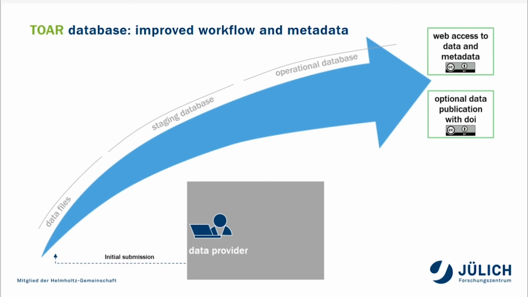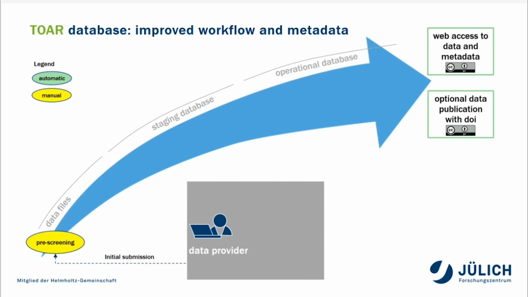In fact, we have different workflows because a lot of the data that we get for the TOAR database comes from other managed data centers, where we more or less just download a copy of that data and then insert it into our database. But then, as I mentioned earlier, we have actually about 50 or so individual data providers who send us their data files directly. And so for those, this workflow here applies, where we get this initial submission from the data provider as data files.